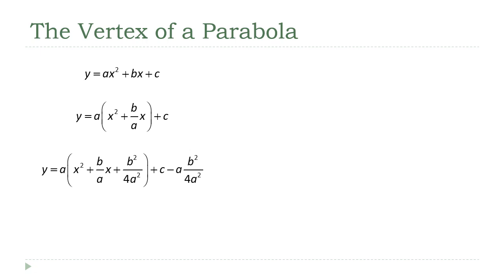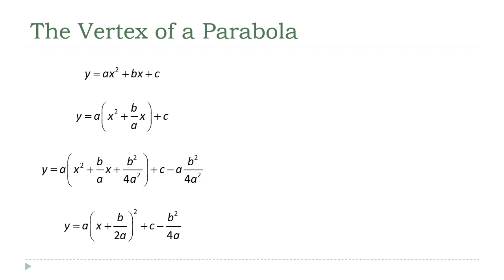So I'm going to subtract a times b squared over 4a squared. And at this point, this really is where I wanted to be, right? I can factor what's in the parentheses. That becomes a times x plus b over 2a, squared, plus c minus, and I just simplify a little here, right? That a can cancel with the a squared, and it ends up b squared over 4a.